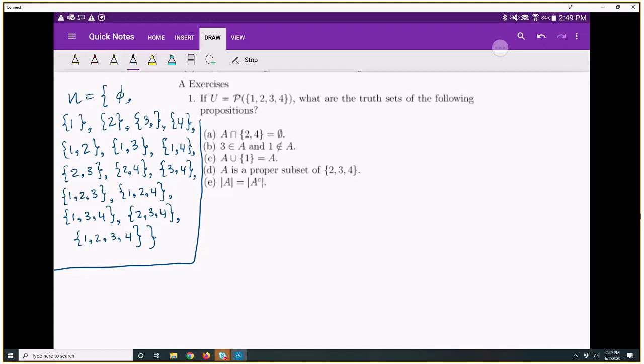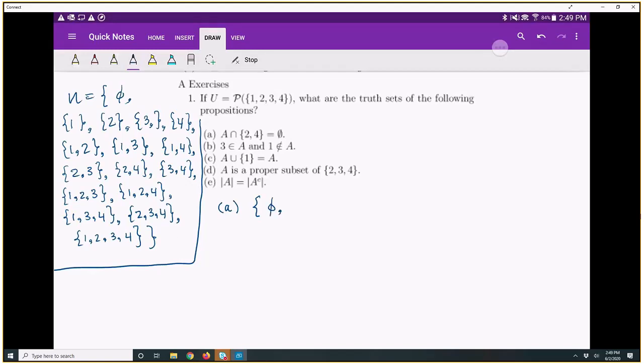So first of all, we're looking for any set A such that A intersected with {2, 4} is empty. Such a set will make the proposition true. So I'm going to say that the truth set for part A of this question is going to be, well, the empty set.